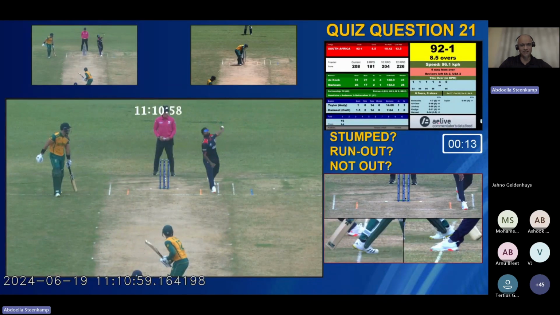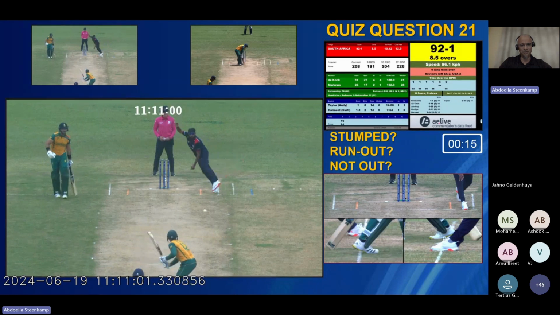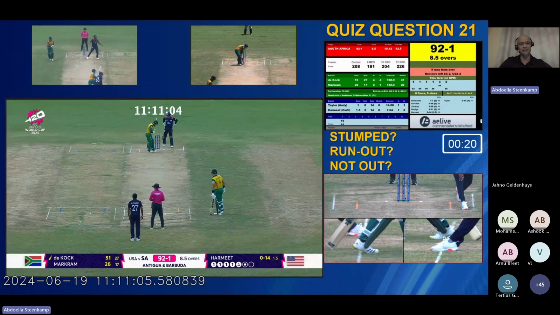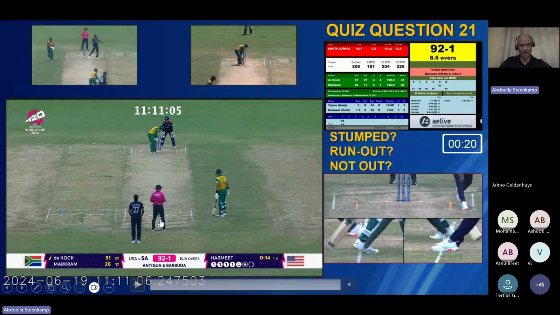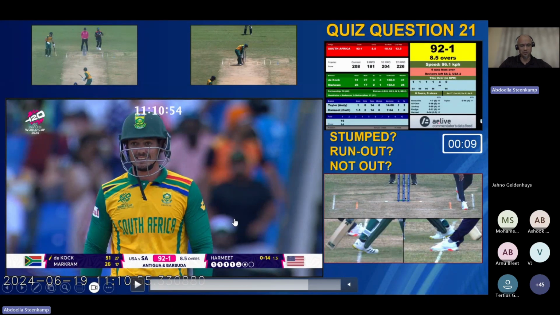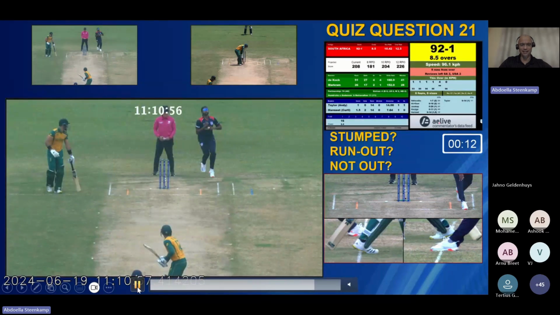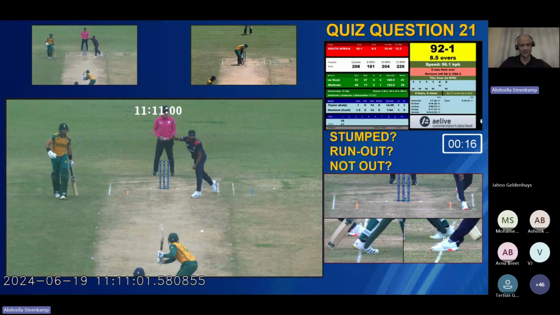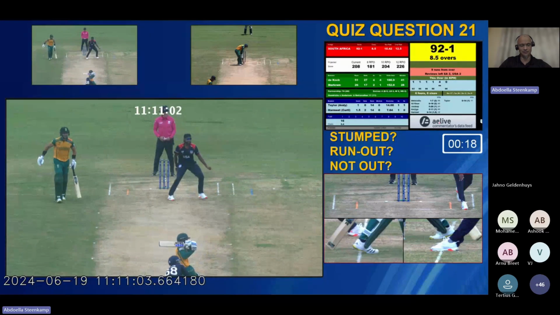If I was the TV umpire here and I had to make a call, I would give Coney out, run out. Because my interpretation of how I see this is, I think Coney is trying to take a run, and then realizes, oh shit, I should not be running here. Let me turn back. So just look at it. He takes a step and a half trying to run and he realized, oops, let me not run.